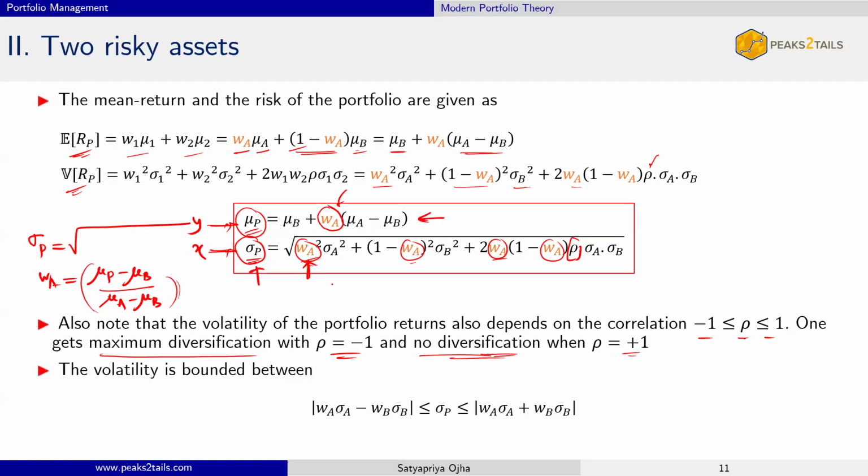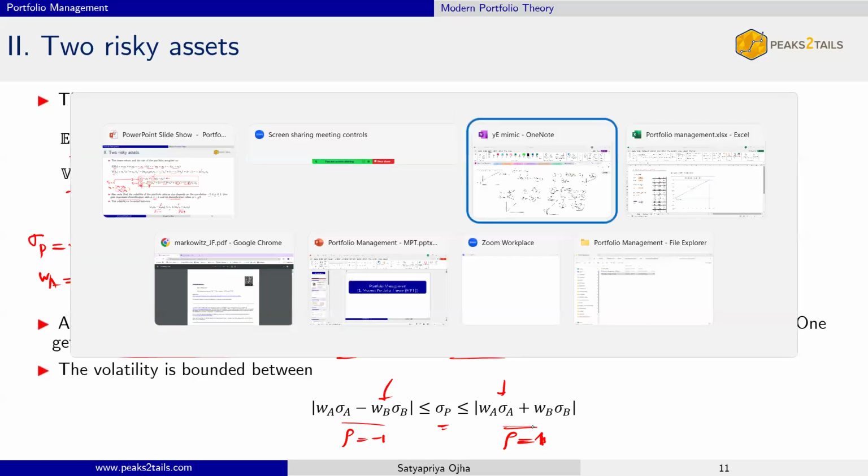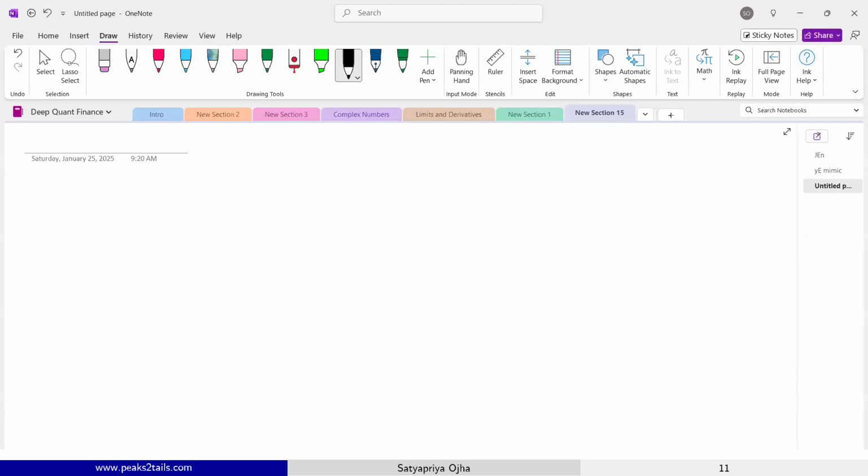Please remember that the volatility of the portfolio is bounded between these two extremes. This one corresponds to rho equal to -1, and this one corresponds to rho equal to +1. These are the two extremes.